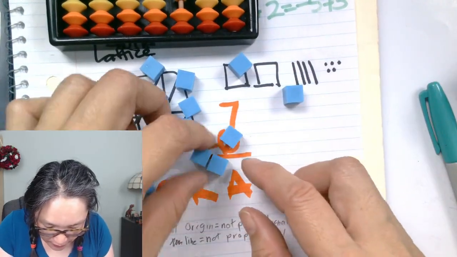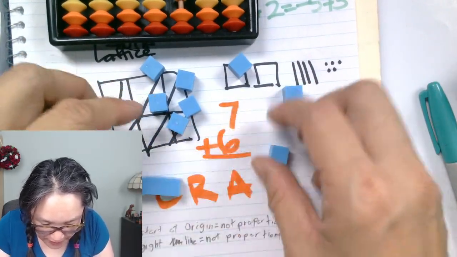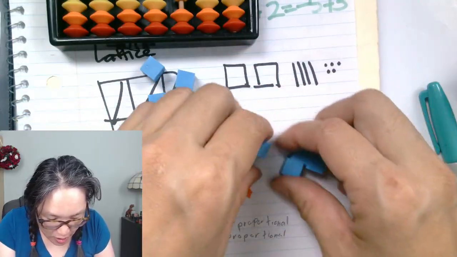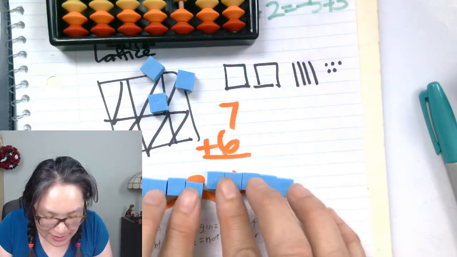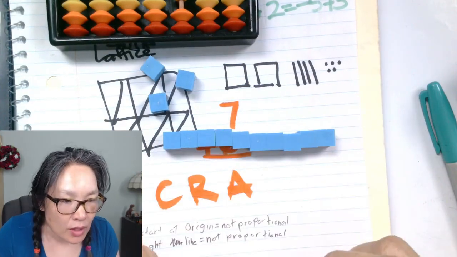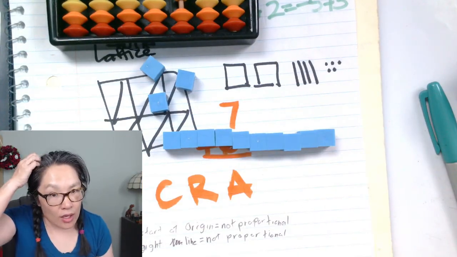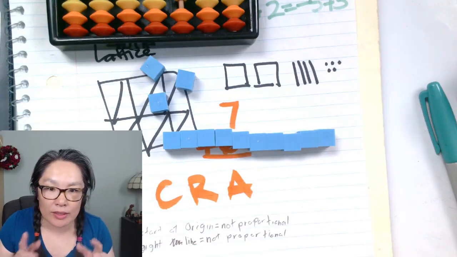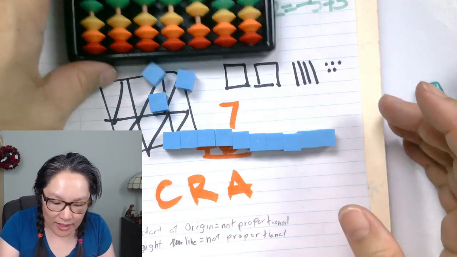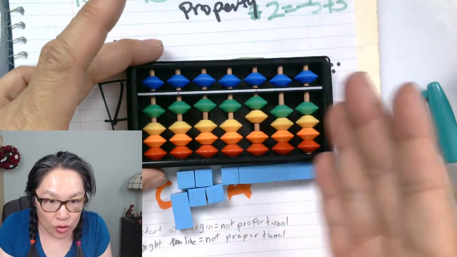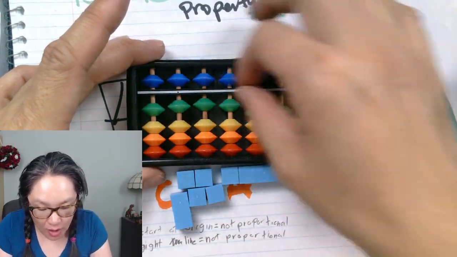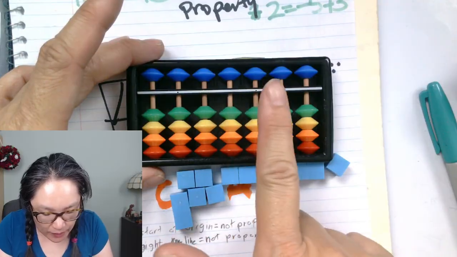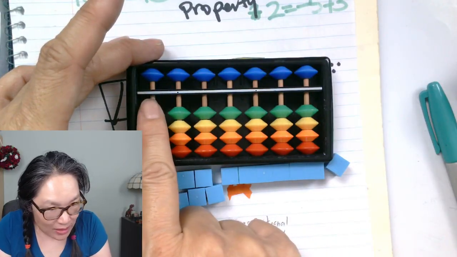So 1, 2, 3, 4, 5, 6, 7, 8, 9, 10. So I still need to count. And this doesn't tell me place values, which is interesting. We have all of these manipulatives, but they're still just 1 to 1. Whereas the abacus shows you what the place values are. We know this is the ones, the tens, the hundreds, the thousands, the 10,000, right?